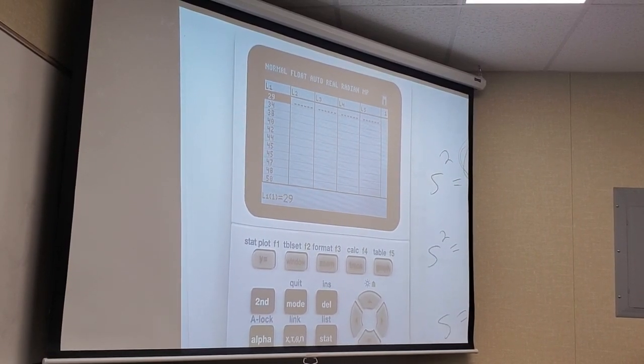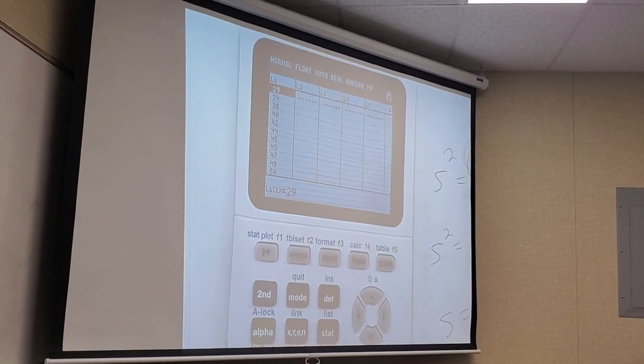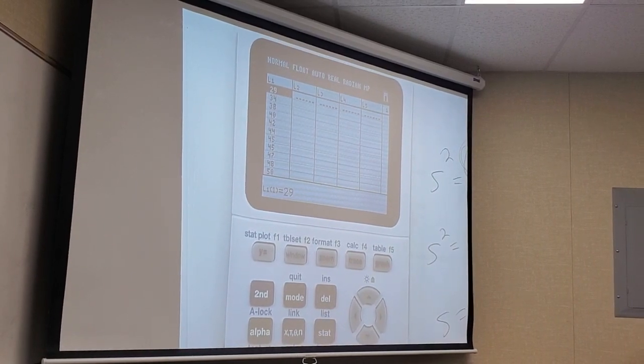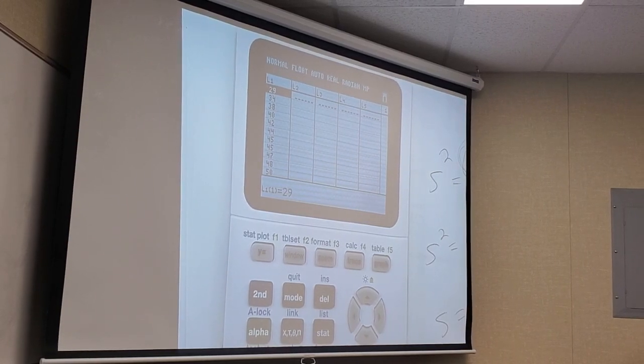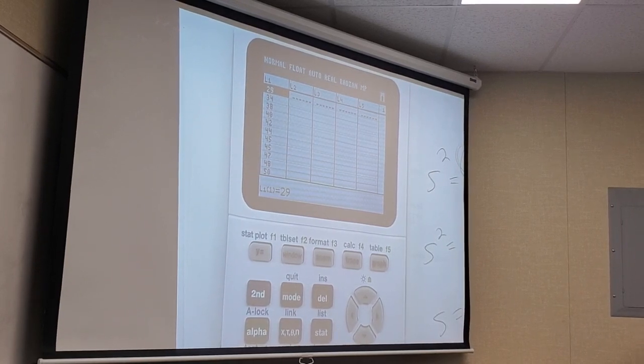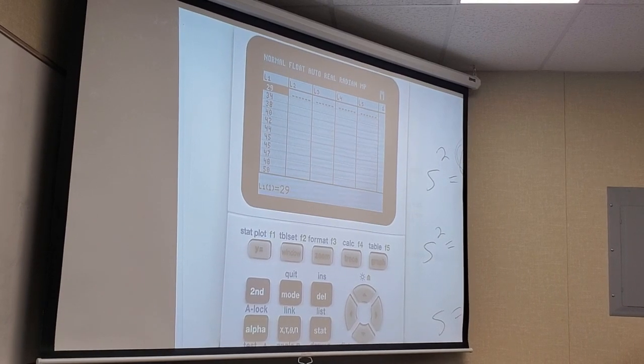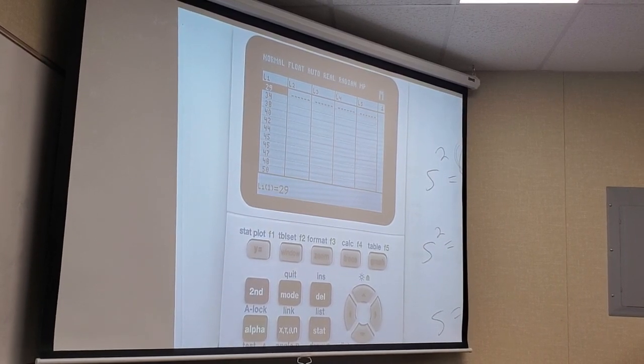Let's say there's 100 people in a room and you're the 70th percentile for a test grade. Technically, you score greater than 70% of people, even though you are the 70th person. The 70th percentile is higher than 70% of all the other things.